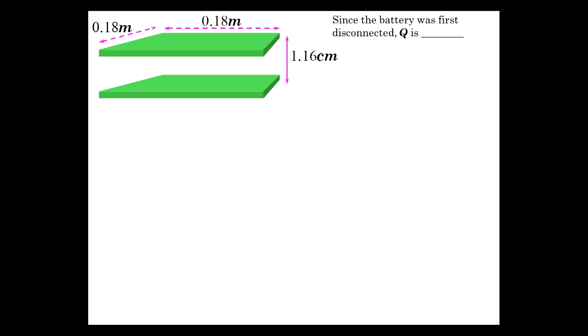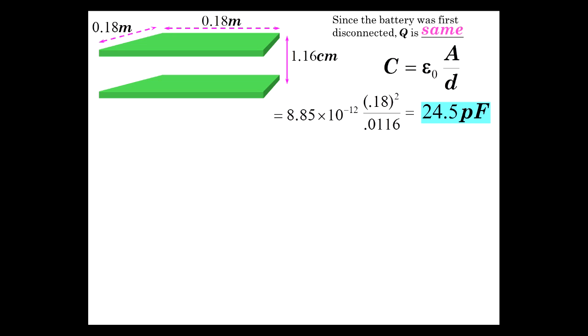Okay, so dimensions are the same, but this time we separate the plates to 1.16 centimeters, doubling it. The battery was disconnected at first, so there was no chance for charge to leave or enter. So the charge is the same as it was. C, geometrically, what's changed? Oh, the distance has doubled.